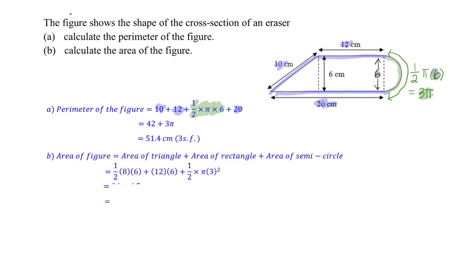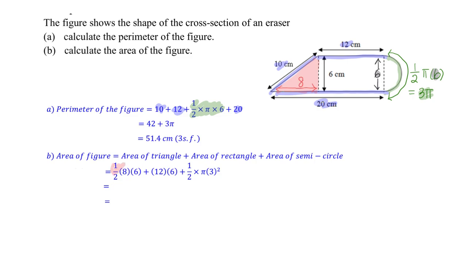From here, you can see the full working, where I will have my triangle, half times base times height, where of course this one here is actually 20 minus 12, 8.